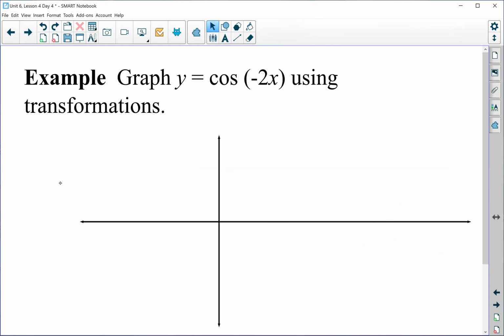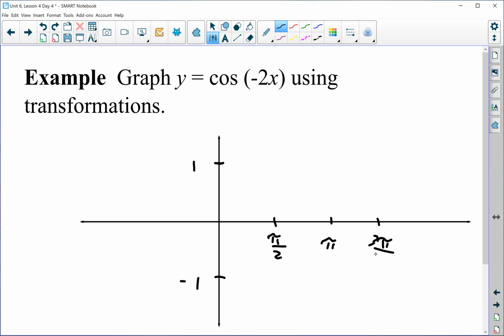The next example, cosine of negative 2x. I'm actually going to do this one a little bit different, and I'm going to ask you to do this on your homework assignment. I'm going to start with the graph of cosine, and I'm going to actually draw it in a dashed line.